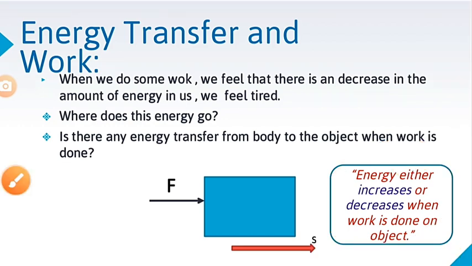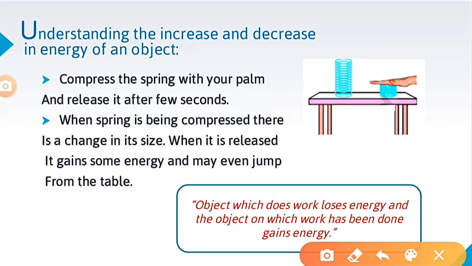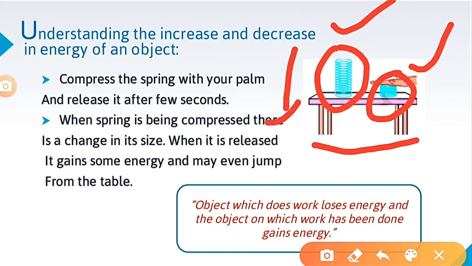Understood? Let's see in detail with an activity, understanding the increase and decrease of energy of an object. Here I have taken one table, and on the table I have placed one spring. Now with my palm I will compress this spring for a few seconds. When I compress it, the size of the spring decreases.